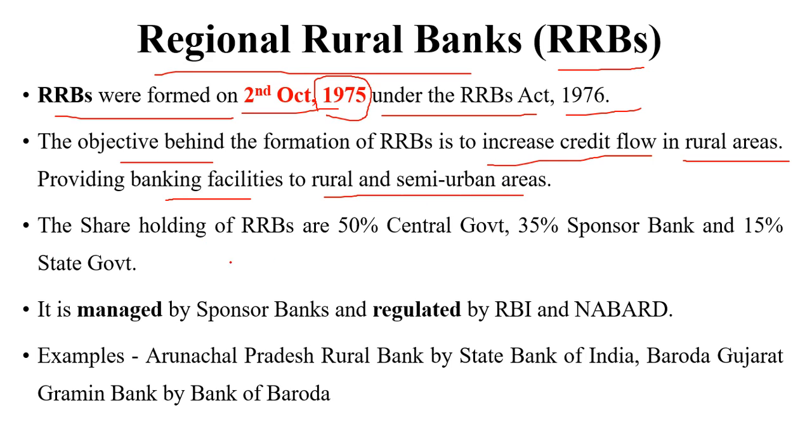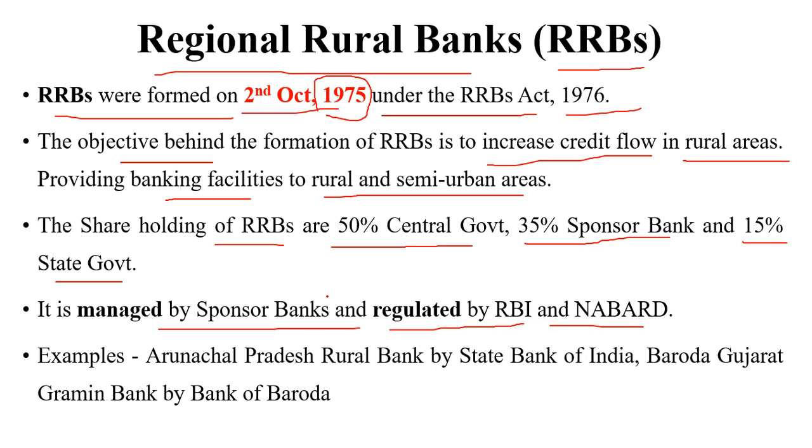The shareholdings of these RRBs are 50% central government, 35% sponsor bank, 15% state government. These RRBs are managed by the sponsor bank, and are regulated by RBI and NABARD.